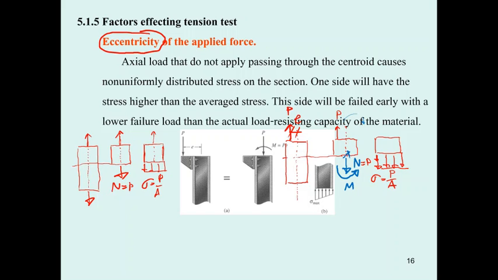For M, if you do the summation of moments equal to 0 about this point, P times e is going to rotate like this, and M is going to rotate in the opposite direction.